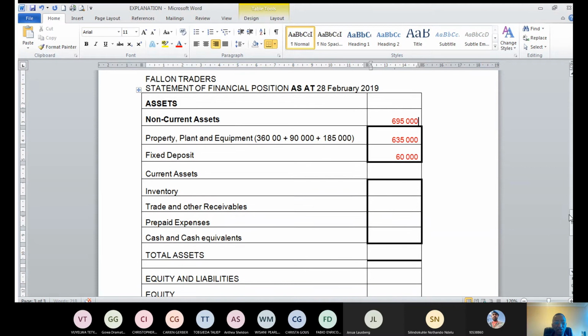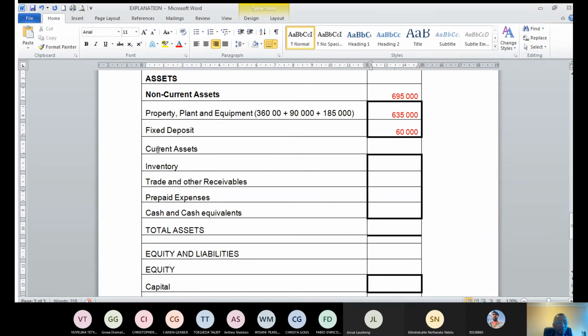Our next heading is our current assets. There are 4 categories of current assets. Always just put them down, then you can fill in the amounts later on.